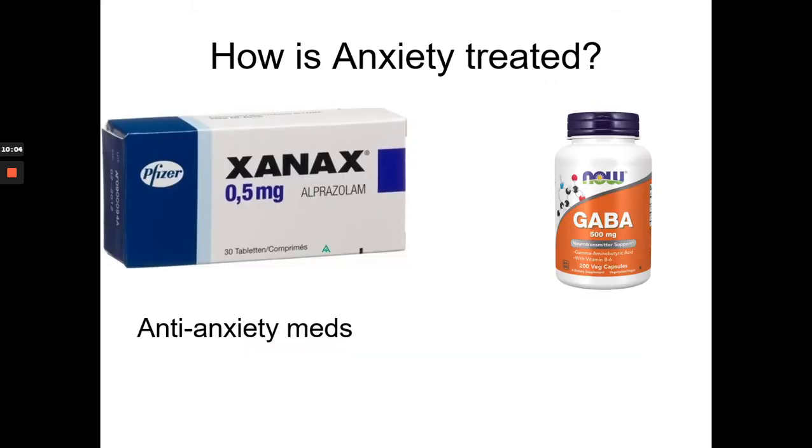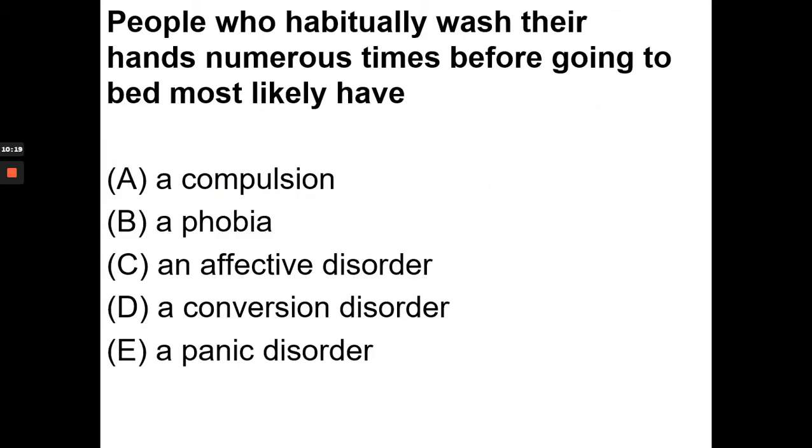Okay? How do you treat anxiety? Well, you could get cognitive behavioral therapy, or you could take anti-anxiety medication. Those are some of the ways to do it. Exercise and meditation also help as well. Okay? All right, so people who habitually wash their hands numerous times before going to bed most likely have a what?